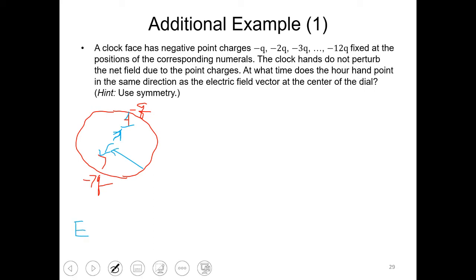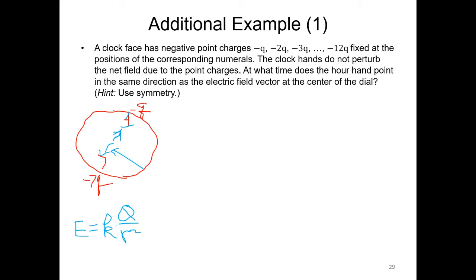E is equal to K times Q over R squared. Actually, R squared is the same for all the numbers, right? Because all the numbers have the same distance to the center of the clock.